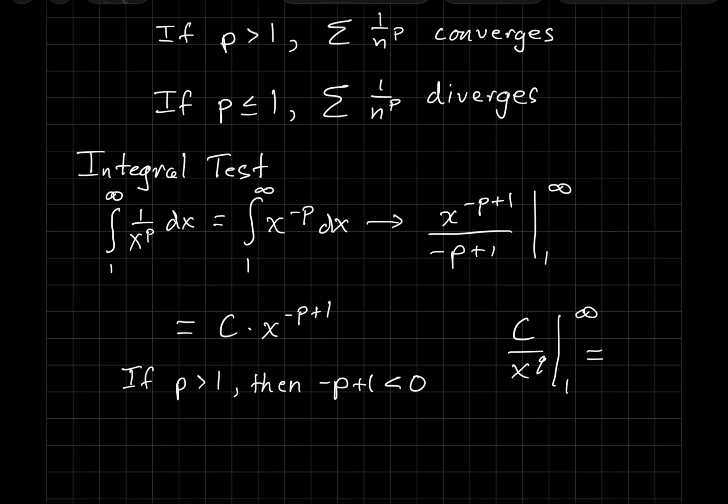What's important is that I have x with a positive power in the denominator. Because when I plug in infinity for x, I get something over infinity minus a finite number, which is 0 minus a finite number, which is finite. So if the integral converges, I know that the series converges also.